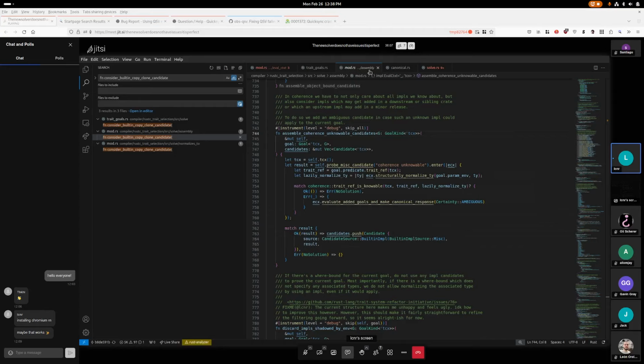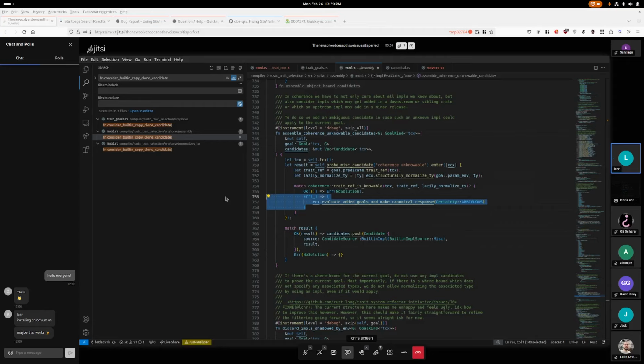So what we do is, if an impl would either be backwards compatible in an upstream crate, or would pass the orphan check in a downstream crate, if that is the case, we add an additional ambiguous candidate to represent, hey, there could be another impl here.